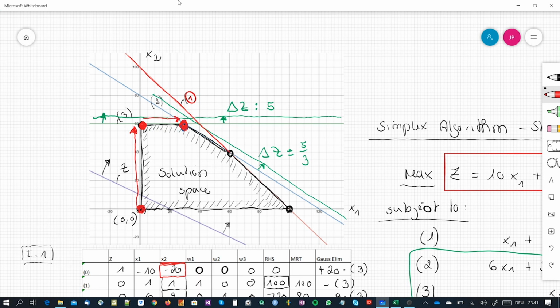So it's not binding with respect to our solution. And that means that increasing it further, like the other ones here, would gain absolutely no additional value to the objective function value.